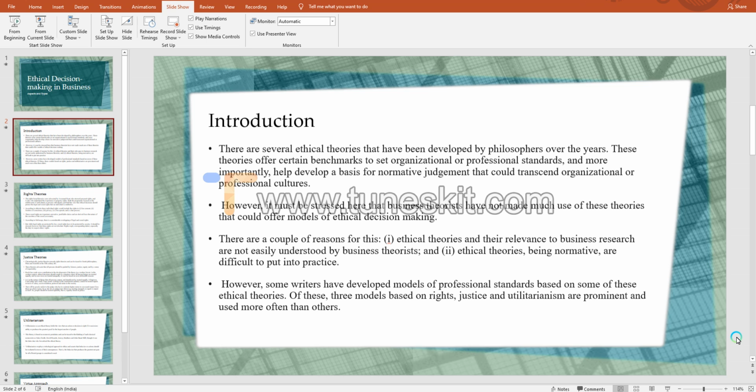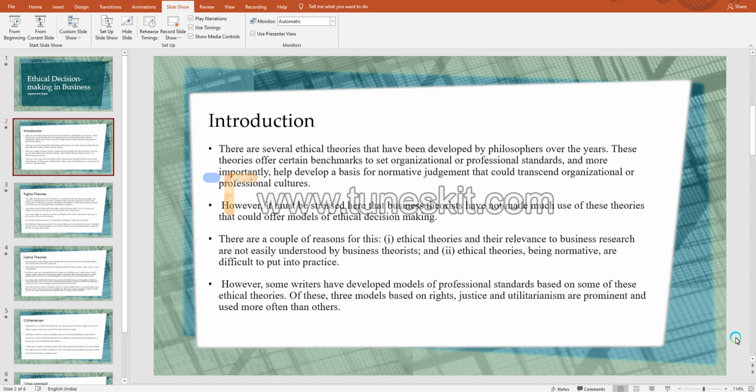Otherwise, you may not qualify to implement any business strategy in your company. So to become skilled and knowledgeable about business ethics, you need to know all those theories. This is what the first point talks about.